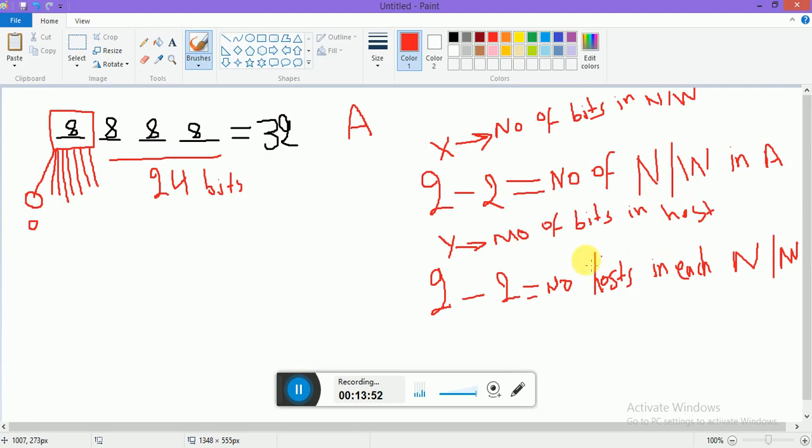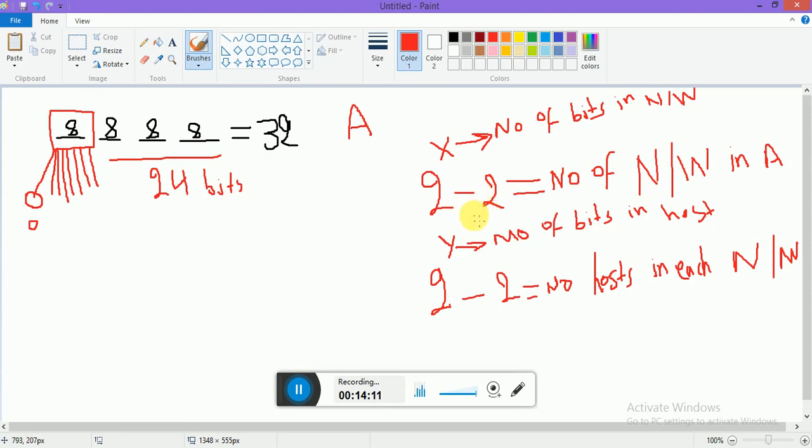In the host portion. Okay, so you need to remember these two formulas, because they will help you a lot to determine how many networks we have and how many hosts we have. I would like to remind you one thing.